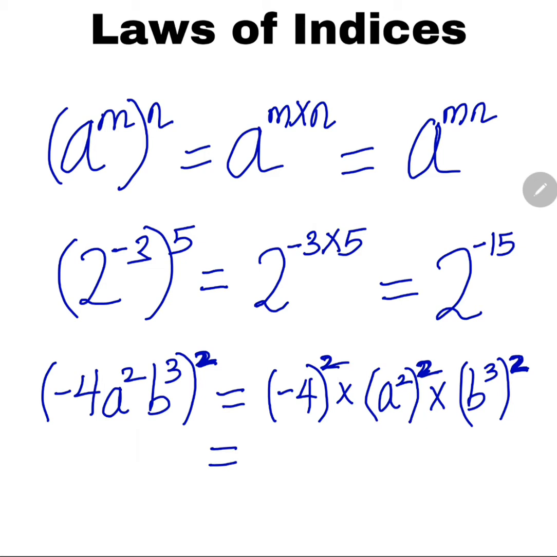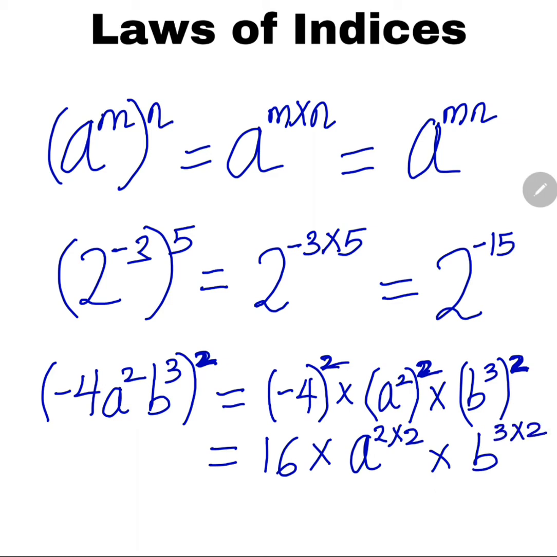If you simplify, -4 all squared will give you 16. Then multiplied by, if you apply the law, you are going to get a to the power 2 multiplied by 2. Then for the next one, it's going to be b raised to the power 3 multiplied by 2.